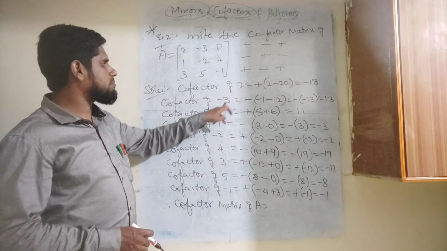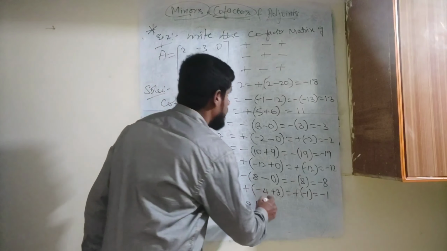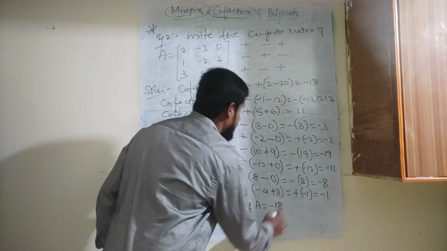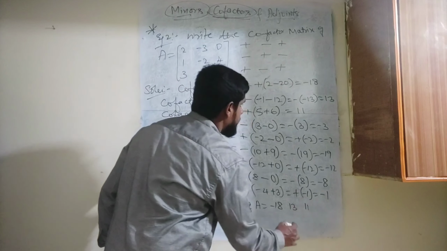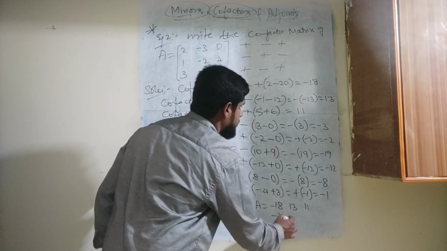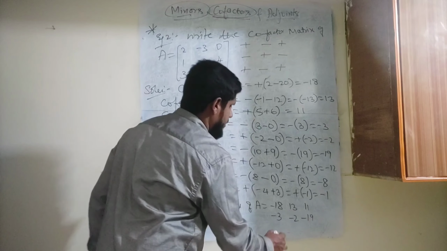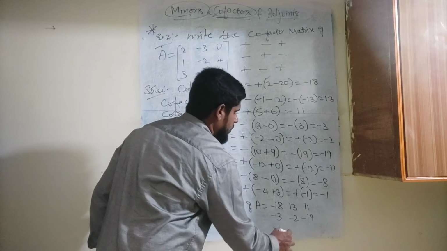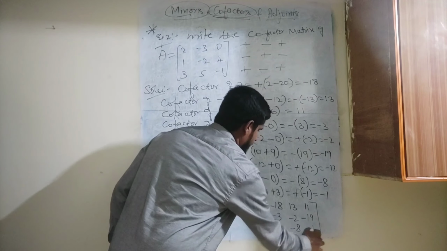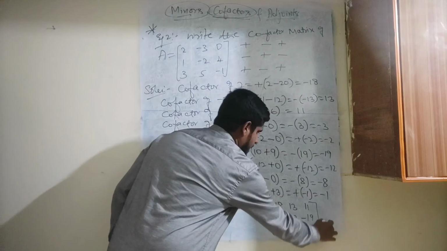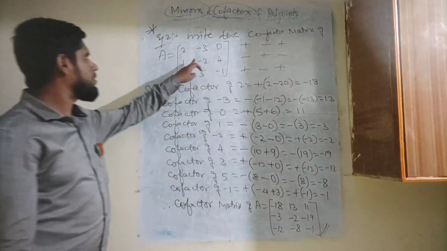Elements are represented by small alphabets. So here it is minus 18, 13, 11, minus 3, minus 2, minus 19, minus 12, minus 8, minus 1. This is the cofactor matrix of the given matrix.